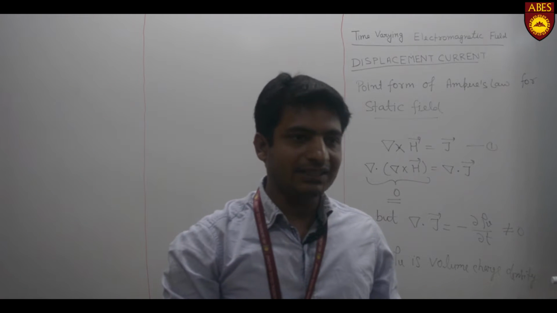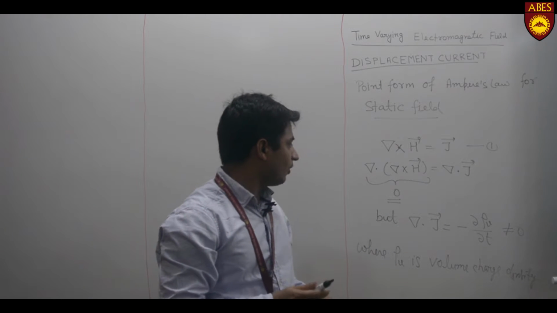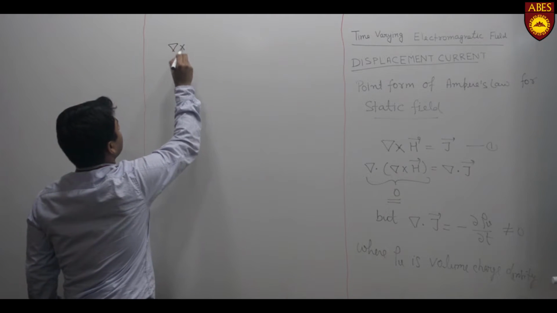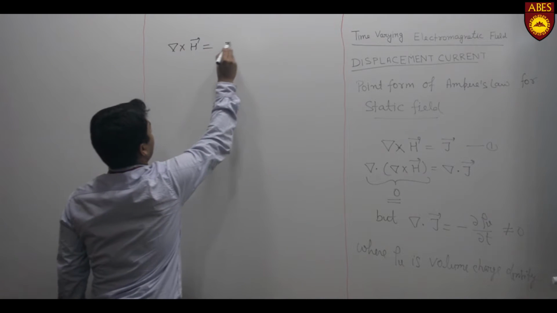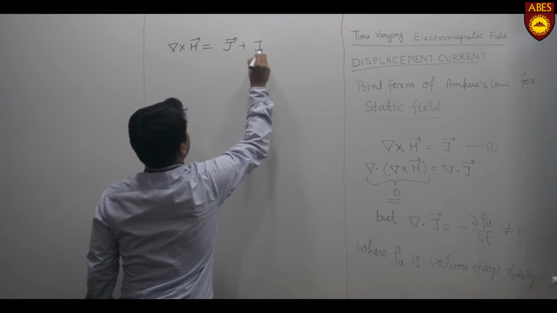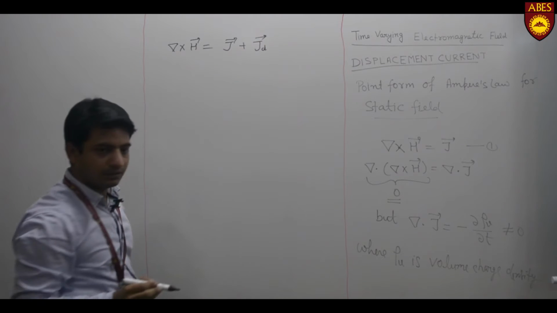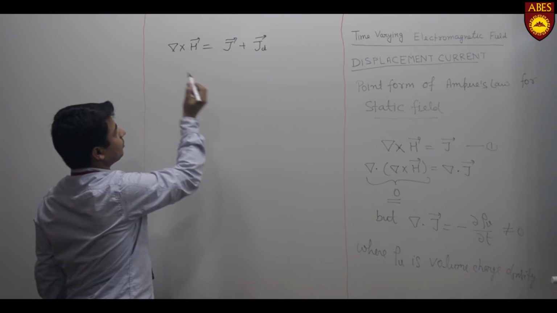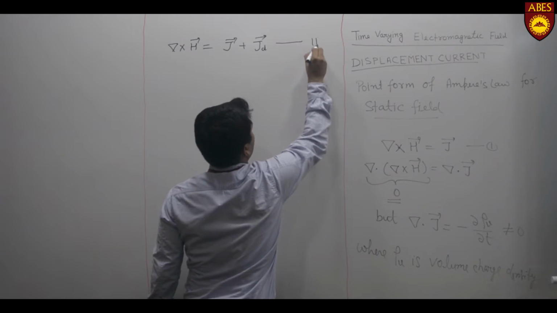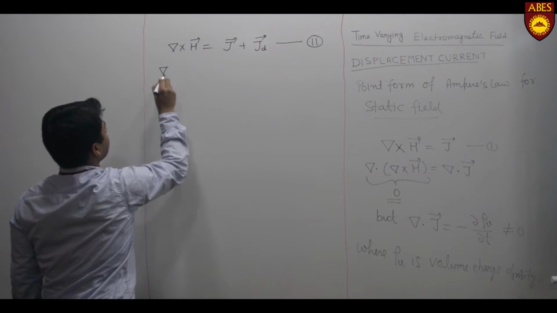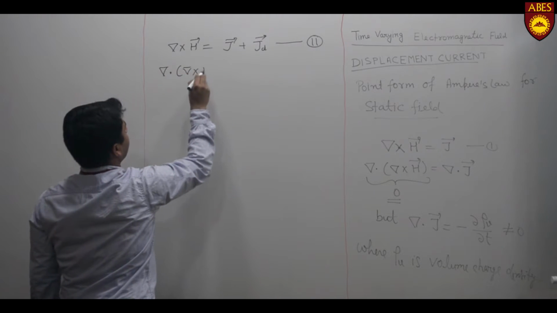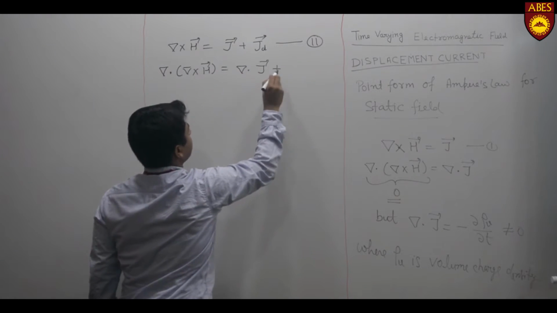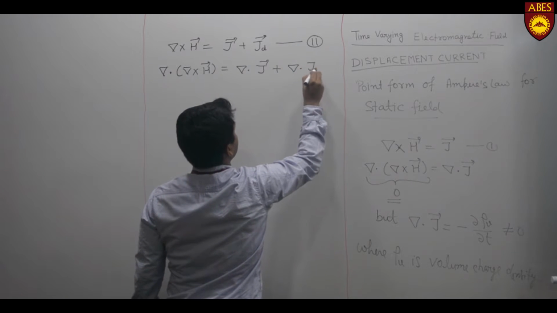It means we have to make some modification in the case of time varying field. We add some term, so curl of H is equal to J plus JD. Now again take the divergence of this equation number 2, then we get divergence of curl of H is equal to divergence of J plus divergence of JD.